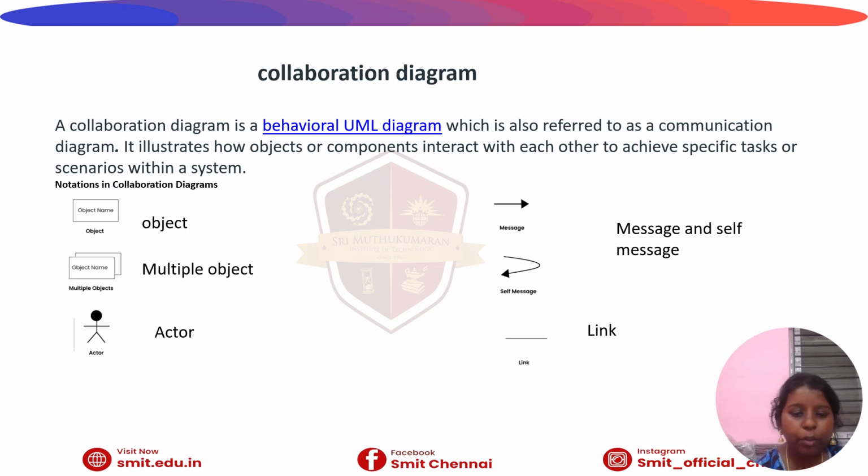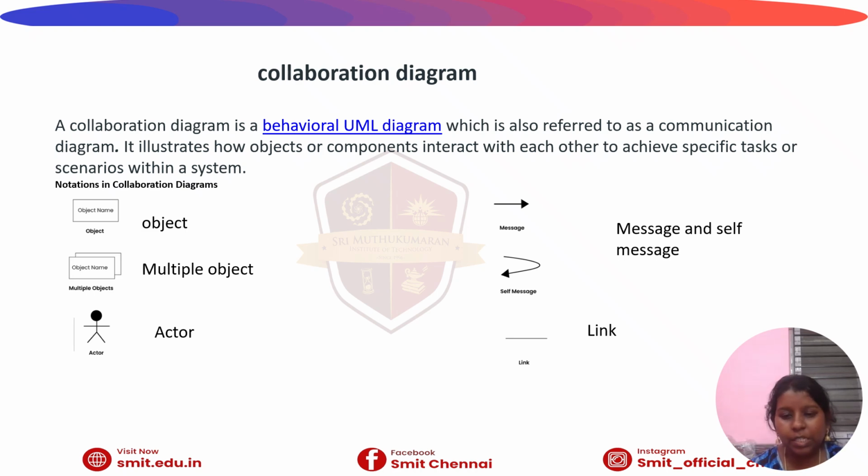In the notation of the collaboration diagram, objects are connected by lines indicating the message passing between the objects or systems. Multiple objects are represented by a double rectangle if the interaction is done within the system. Next is the actor, used for indicating the involvement of interacting with the system or subsystems.